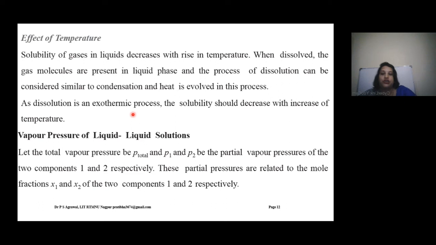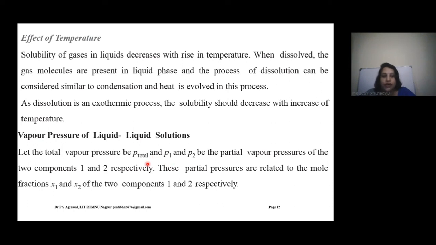Now, vapor pressure of liquid-liquid solutions. Liquid-liquid solutions are formed when the solvent is liquid and the solute can be gas, liquid or solid. But we are considering typically a binary solution of two liquids, that is, two components 1 and 2.